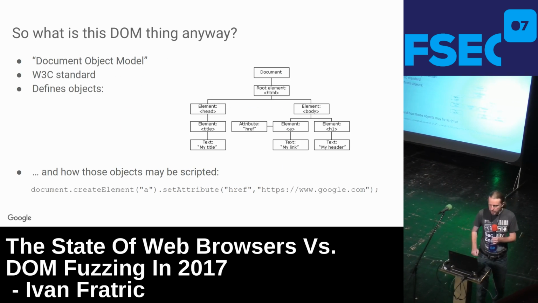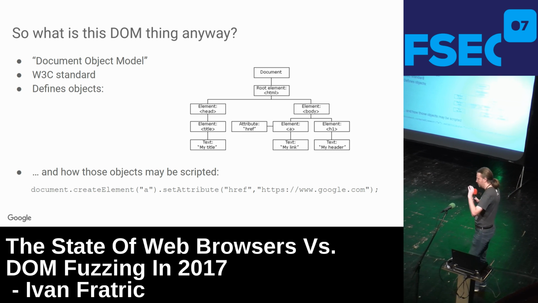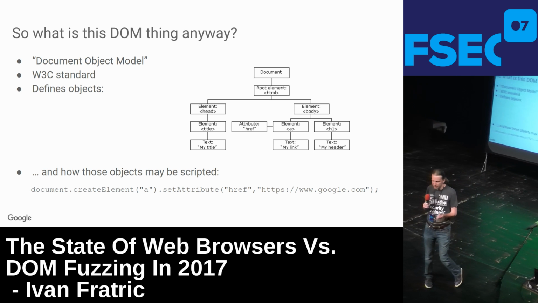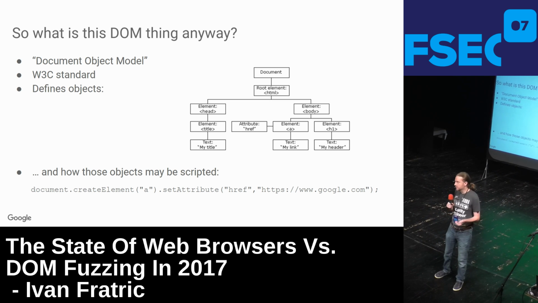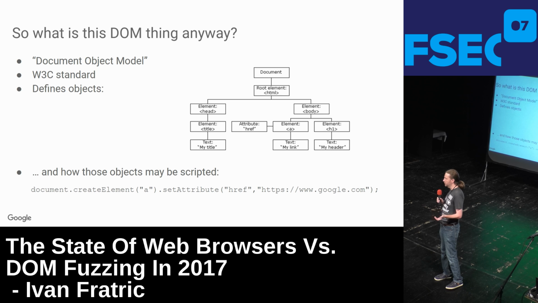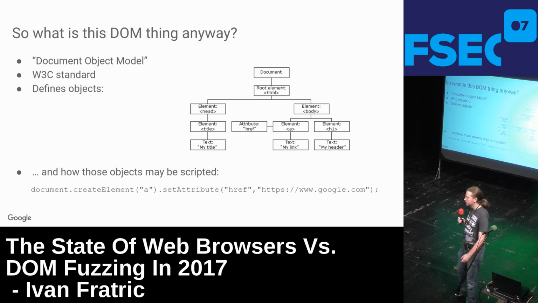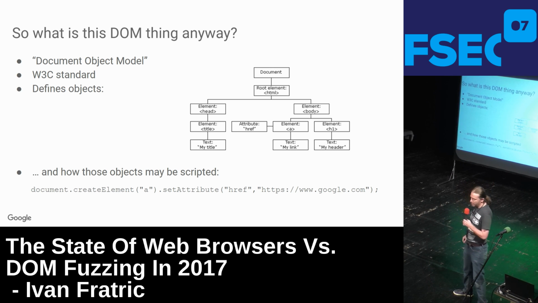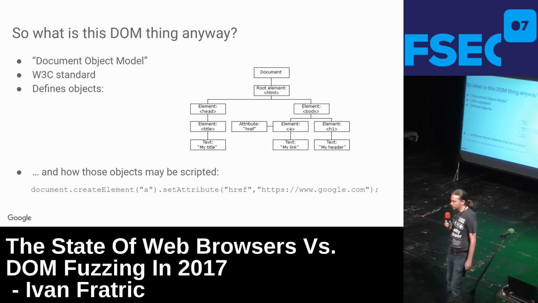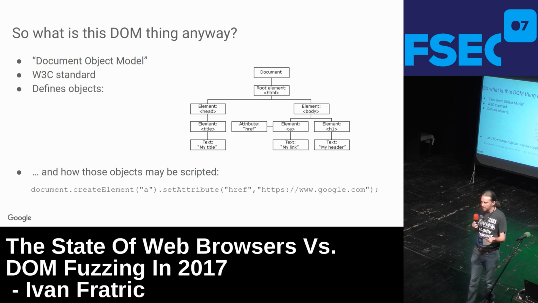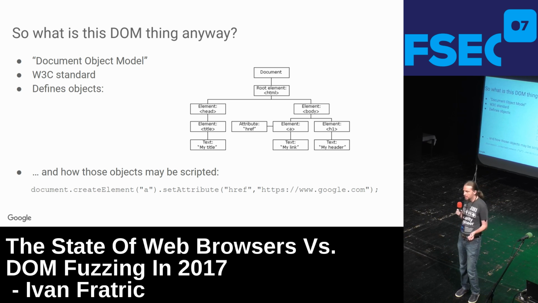So right, now let's look at the specific part of web browsers, which is the DOM. So what is the DOM? Well, the DOM is a W3C standard, which defines a set of objects that the browsers need to implement. If you take a look at the slide here, you're going to see some of the objects in the image. If you know anything about HTML, then these objects shouldn't be anything new to you.